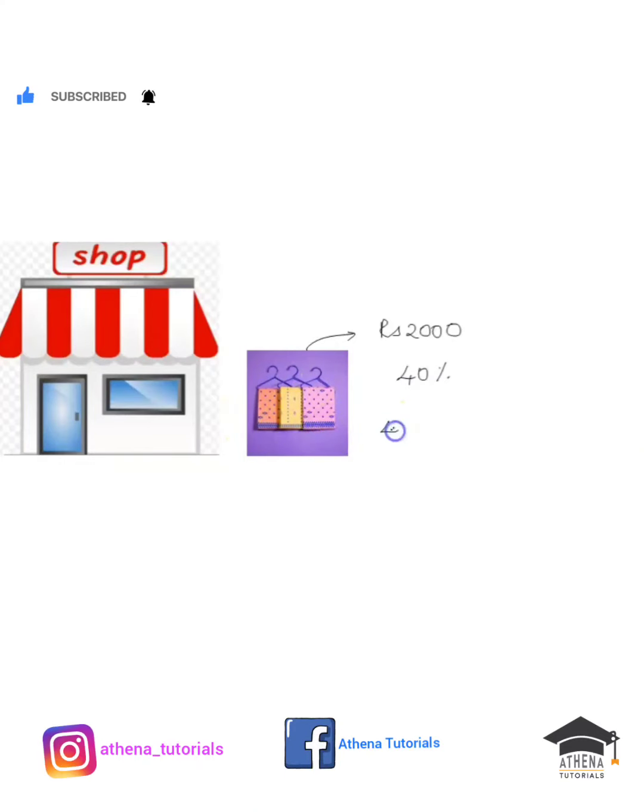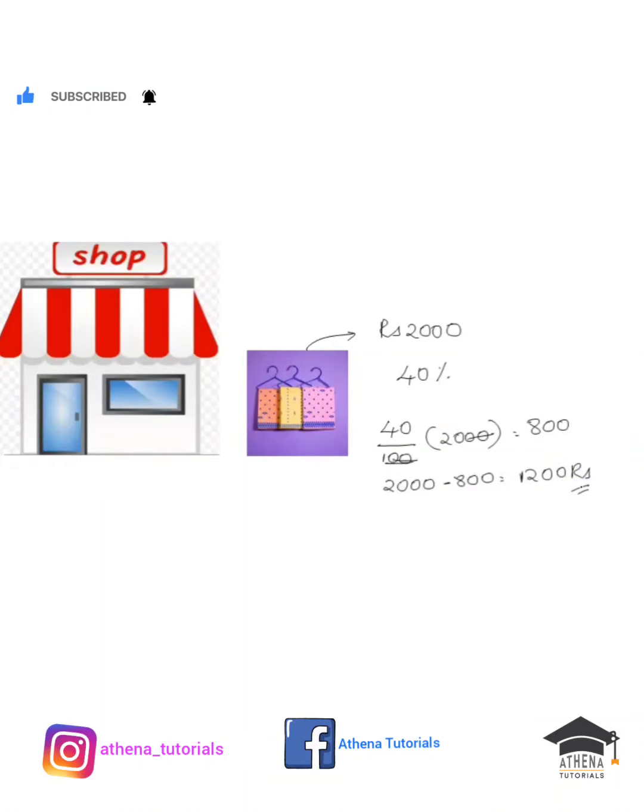That is 40% of 2000. So 0 gets cancelled and here 20 gets cancelled. So 800 rupees will be the discount value.